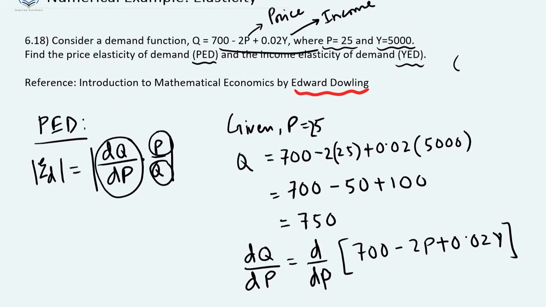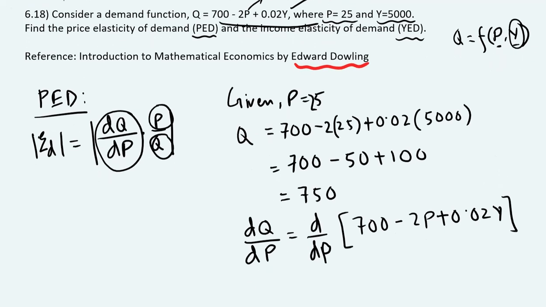We have a similar situation here where Q depends on price and income. So if the price changes, we're assuming there is no change in Y. So we're considering Y as constant.